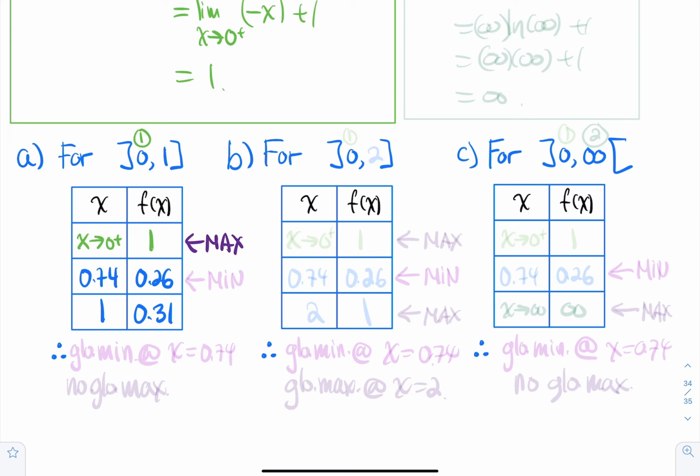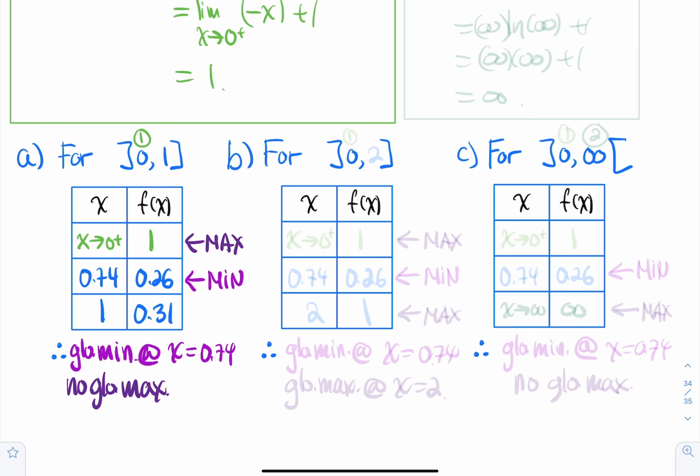And then the minimum is reached at the critical point here. So here, what's the conclusion? Well, we have a global minimum at x equal 0.74, but there's no global maximum because it's reached at limit.